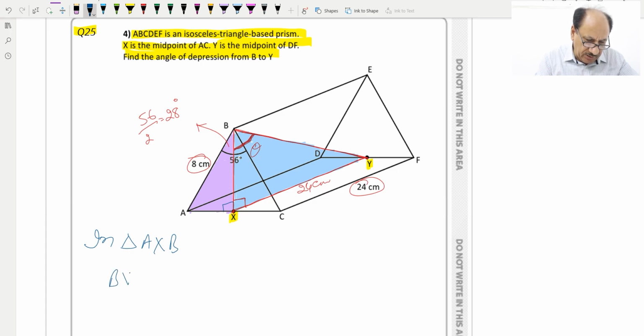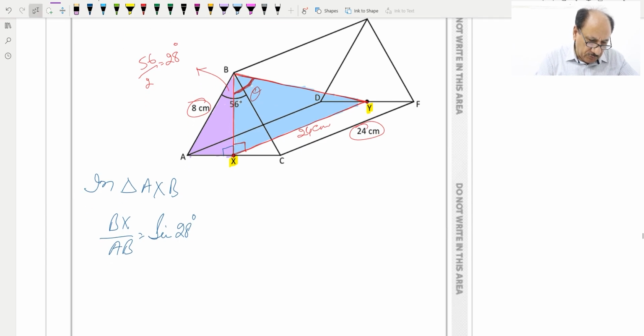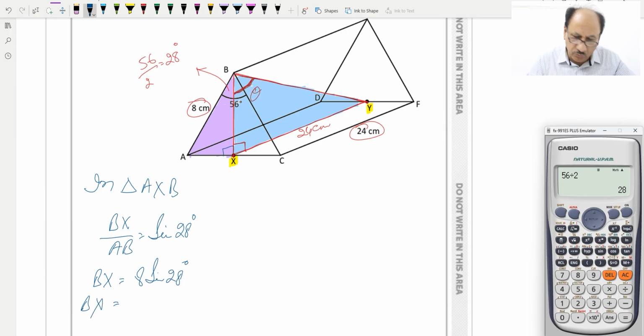So BX over AB will be equal to sine of 28 degrees. We are taking half of the angle. So BX will be equal to AB sine 28. So 8 sine of 28 degrees, and this will be giving us 3.7.